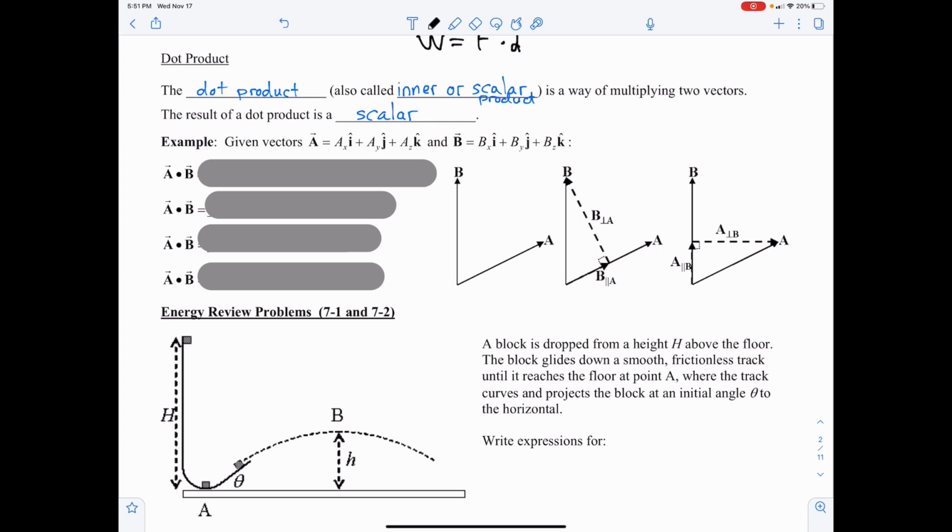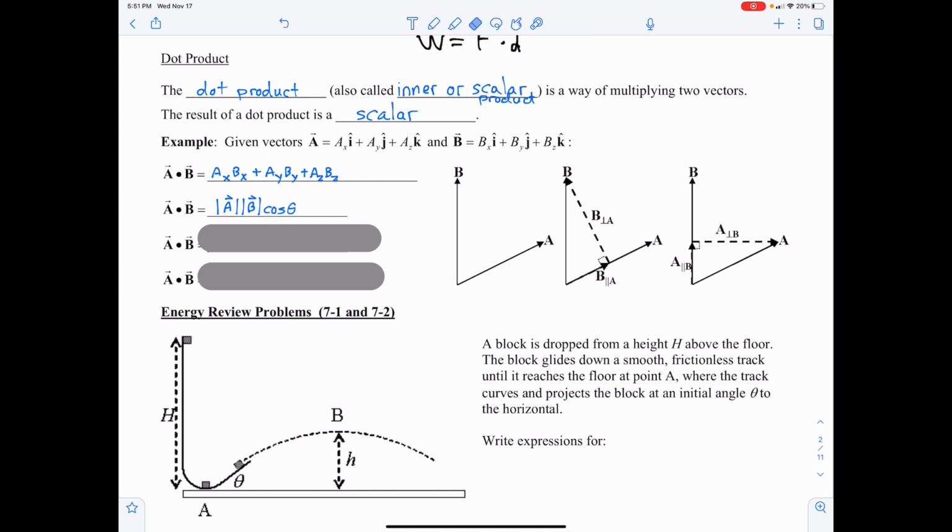And then you've got some b vector, bx, by, bz, a dot b. And that's how you would say it. A vector dot b vector, just say a dot b. Well, a dot b can be expressed as ax times bx plus ay times by plus az times bz. So you would just literally multiply the components of each one and then add them all together.